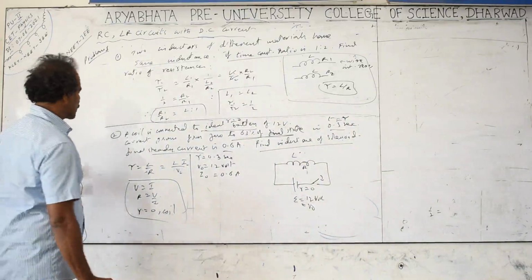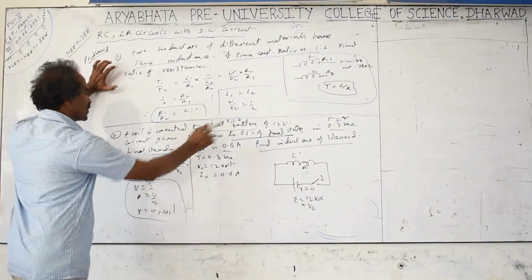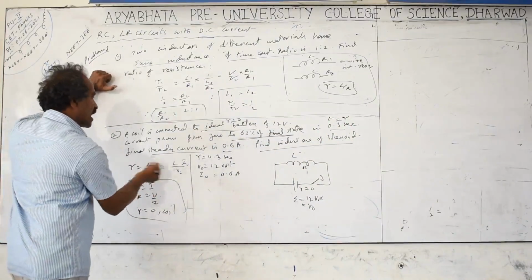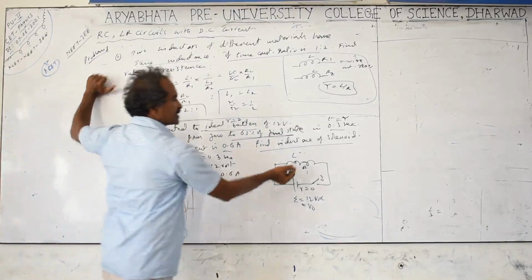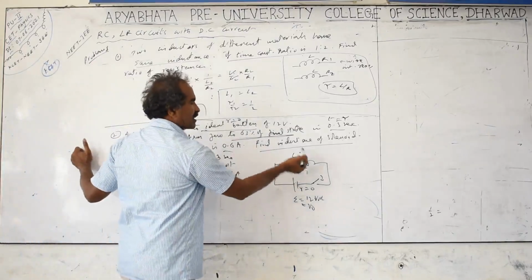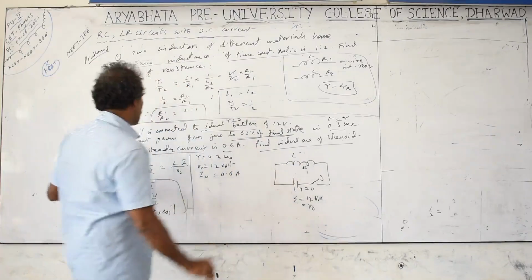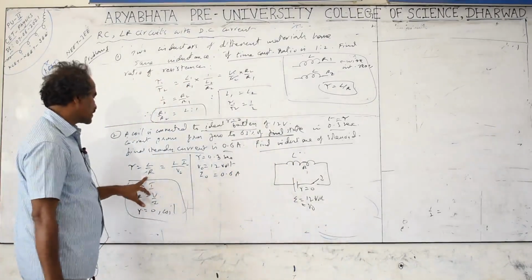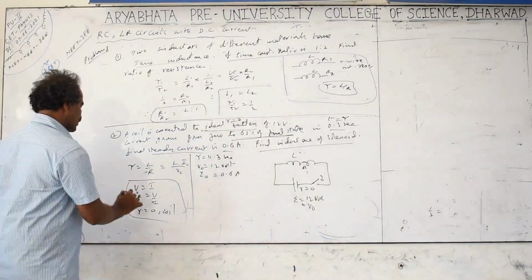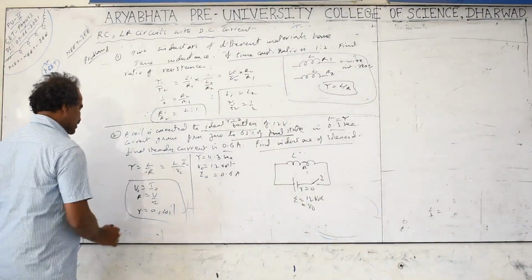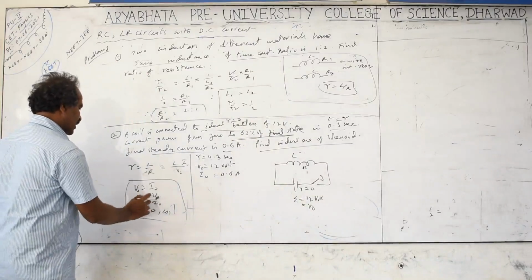L you have to find out. The time constant formula tau equals L by R we have. R is not given for us. Here external resistance is not mentioned, so we take only the wire resistance. With V equals IR, using the peak values V naught and I naught, R equals V naught by I naught.